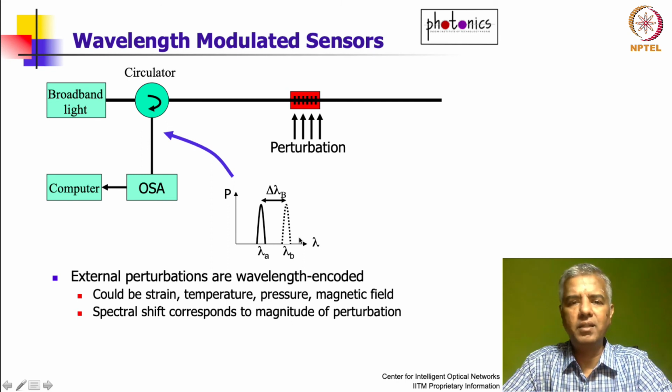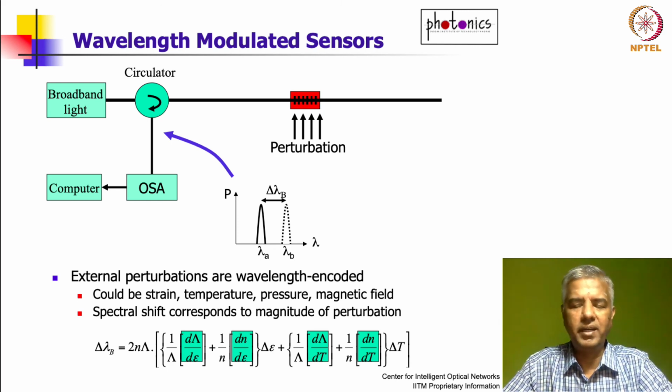So the color is going to change, and by carefully calibrating this change in color, you can solve the inverse problem, which is saying, whenever you see so much change in the Bragg wavelength, there must have been so much perturbation at this particular point.